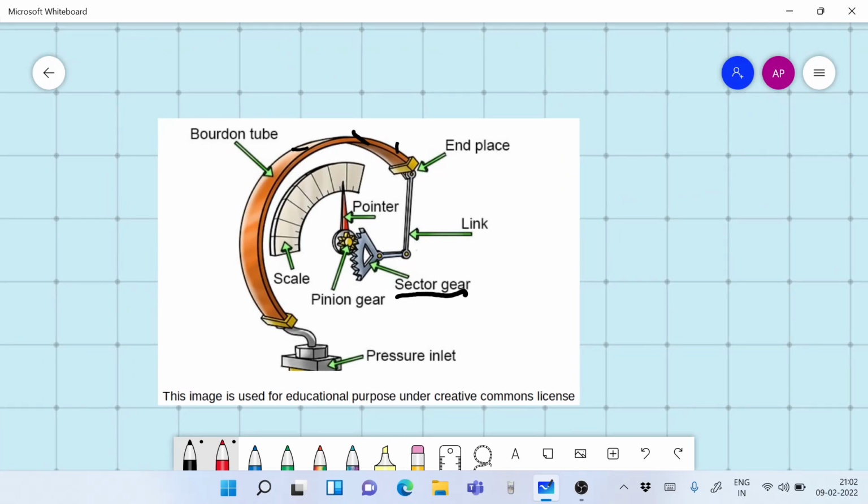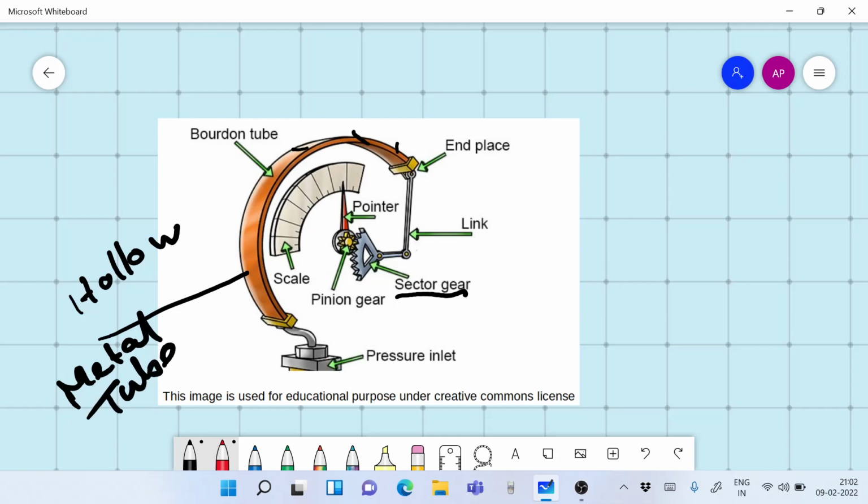So this is how it works. This is a hollow metal tube. Now in this hollow metal tube, if any fluid enters and it is under pressure, it is going to apply force on the walls of this hollow metal tube, right?